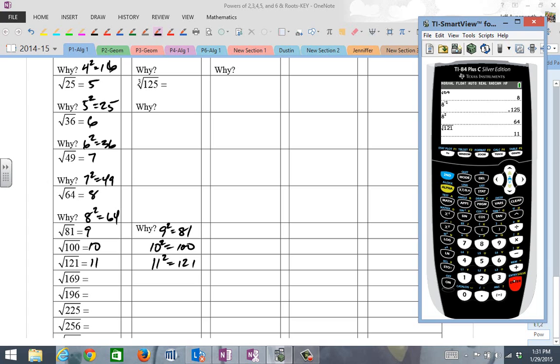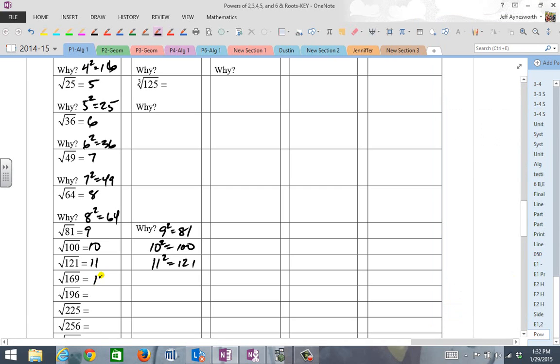So the square root of 169. If you don't know what it is, type it in, figure it out. Look at that, it's 13. Why? 13 squared gives you 169. I know these by heart, but do you? 14 squared is 196, so I know the square root of 196 is 14. Why? Because 14 squared equals 196.